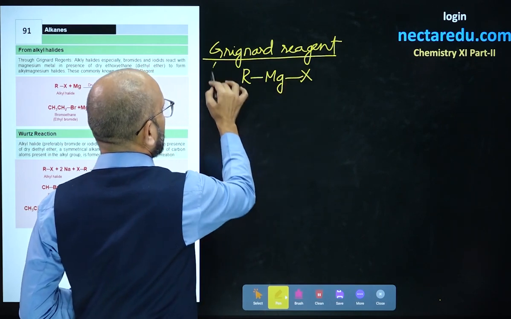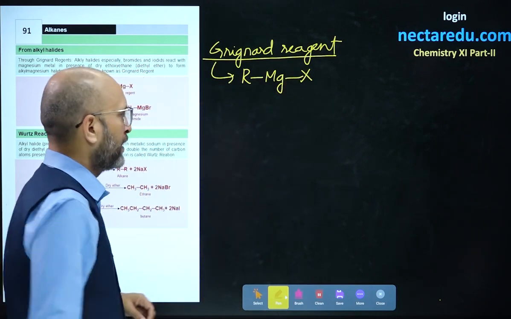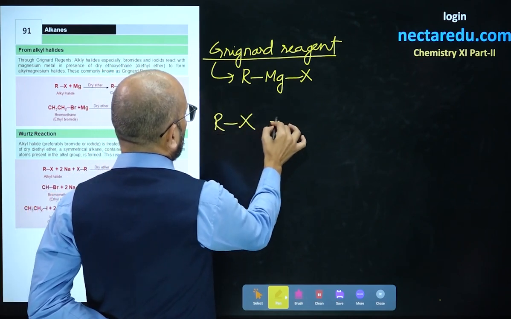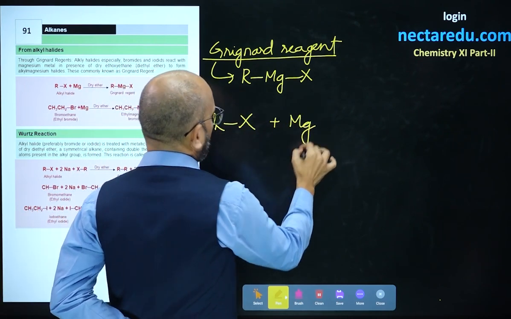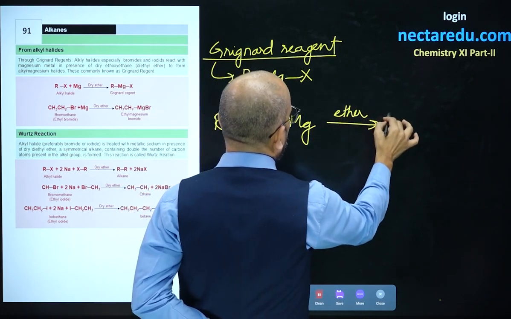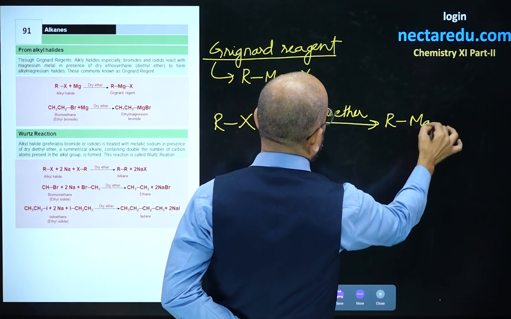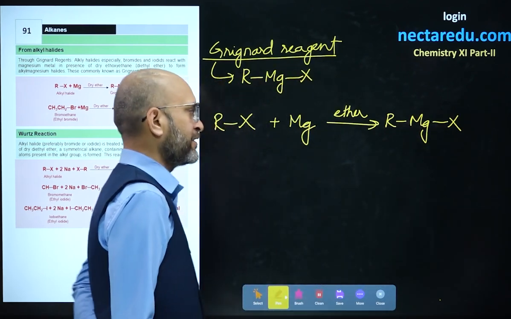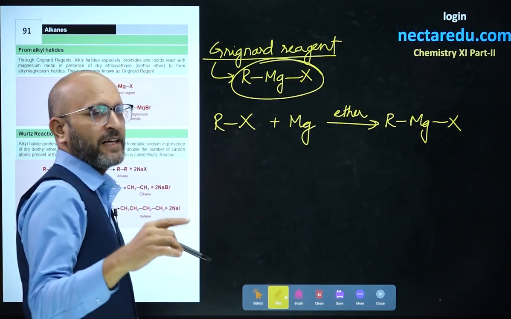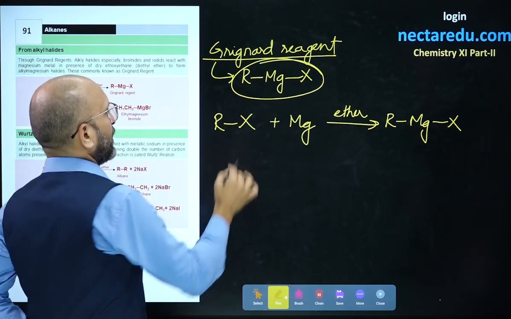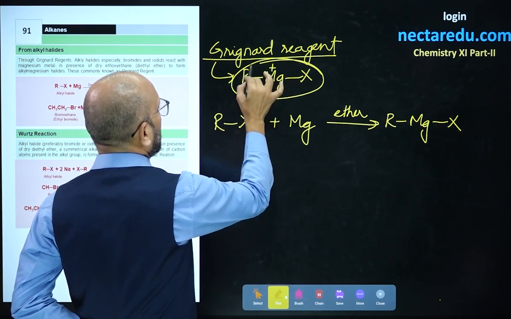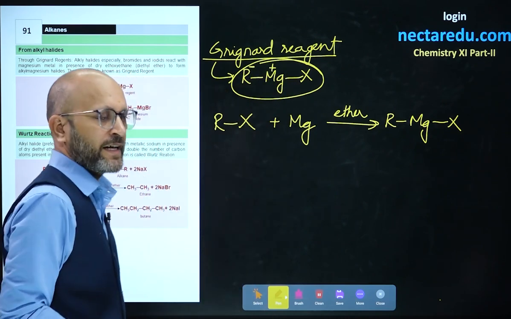This is an example of a Grignard reagent. It is formed by the reaction of alkyl halide with magnesium in the presence of ether. We get RMgX. So this is Grignard reagent. When it reacts with any species, then magnesium gets a positive charge and the alkyl group gets a negative charge, R minus.